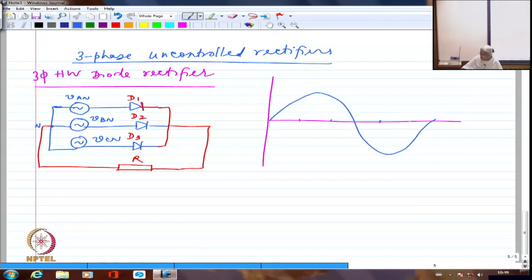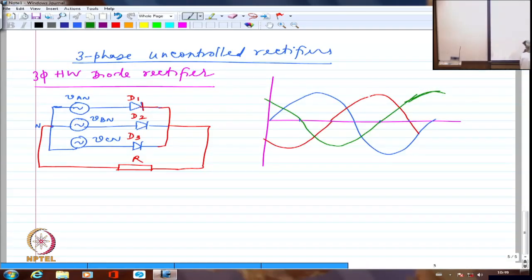So let me divide this into 120 degrees interval, 60 degree interval. So obviously my second phase is going to be somewhere here, and the third phase is going to be something like this. These are the three phases, right?